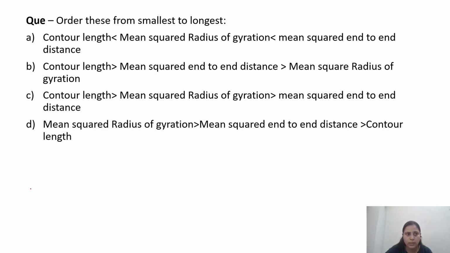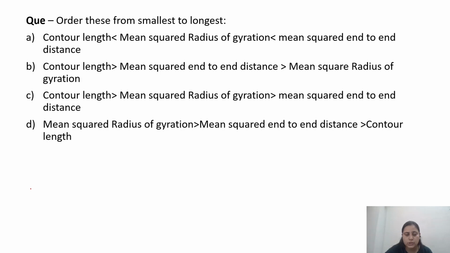Option A says contour length is the smallest, afterwards mean squared radius of gyration, and mean squared end-to-end distance is the maximum. Option B says contour length is the maximum, afterwards mean squared end-to-end distance, and least is the mean squared radius of gyration.